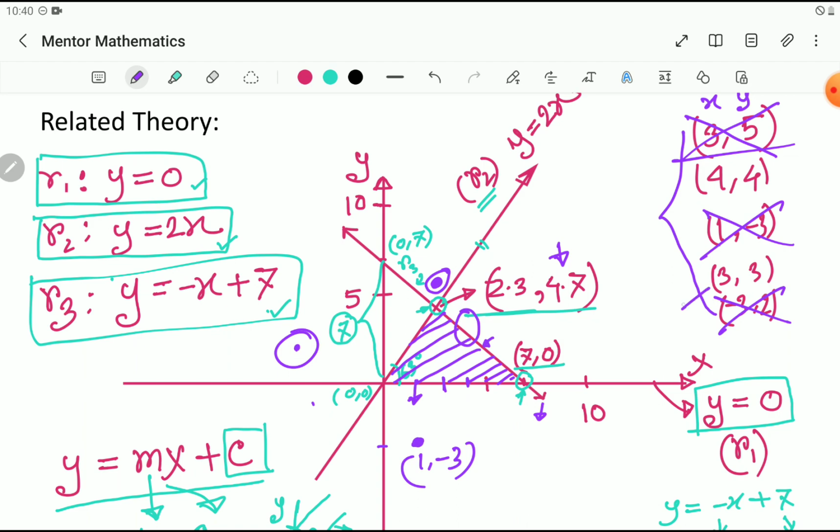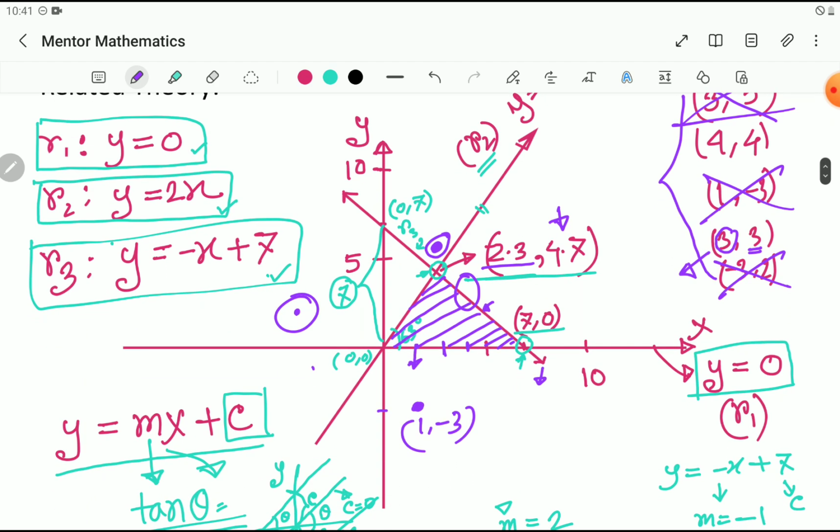So when x equal to 3, this point, like the 2.3, the highest point of y, actually we find highest point 4.7 when the value of x is 2.3, but here x is 3, and then y also 3.